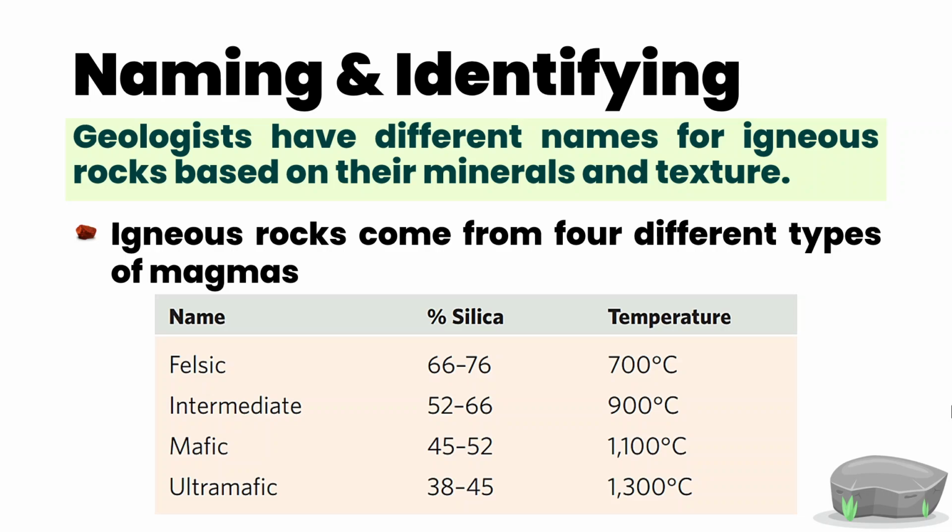For example, felsic rocks have 66 to 76% silica, and they form at 700 degrees Celsius. Intermediate, 52 to 66% silica, forms at 900 degrees Celsius. Mafic is 45 to 52%. Ultramafic is 38 to 45%. As we go down in this table, the temperature increases. So ultramafic rocks form at 1300 degrees Celsius.